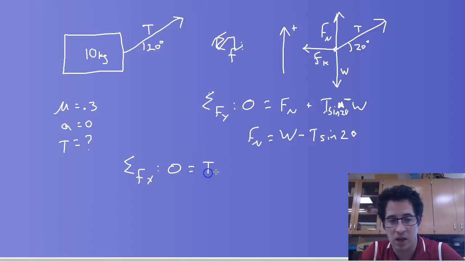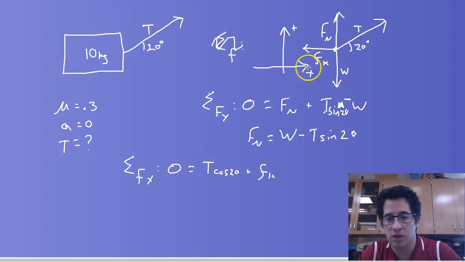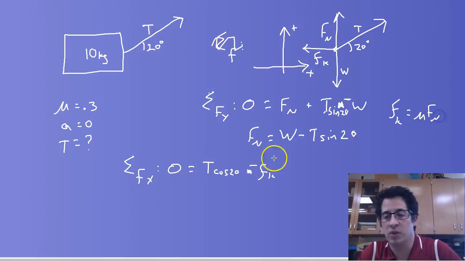We have T cosine of 20, and kinetic friction, we'll say that this way is positive, which means that kinetic friction would be negative, so we'll make this a minus. And we know that kinetic friction is equal to mu, the coefficient of friction, times the normal force.